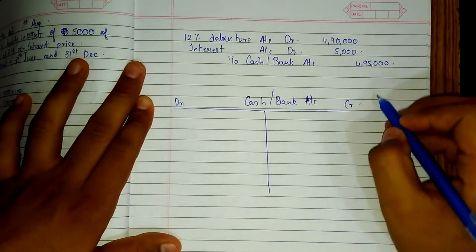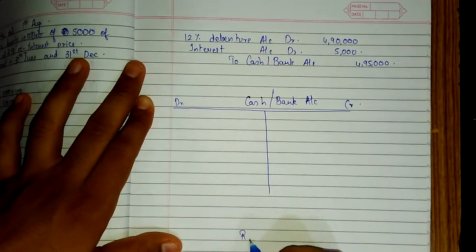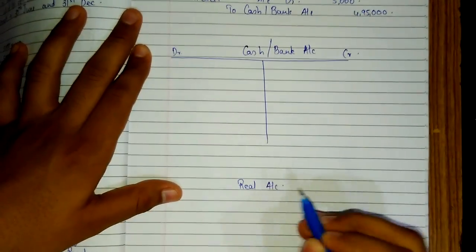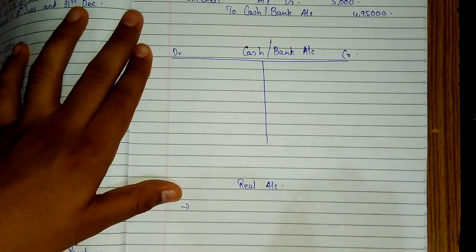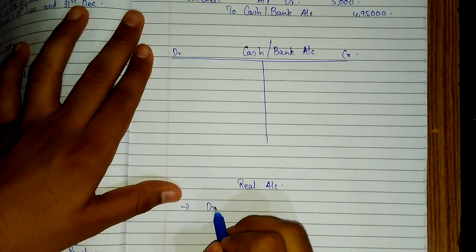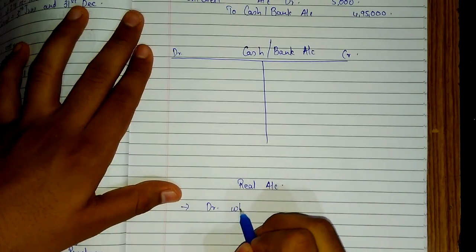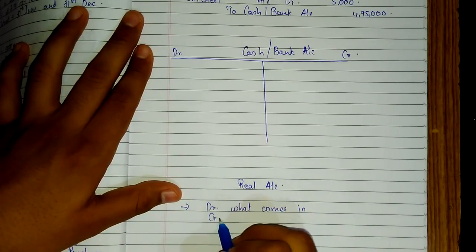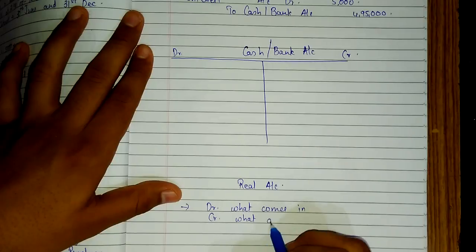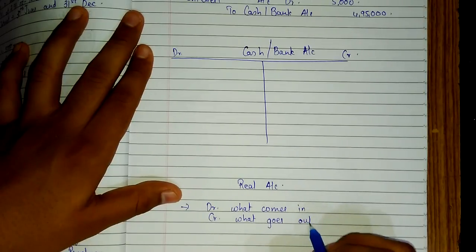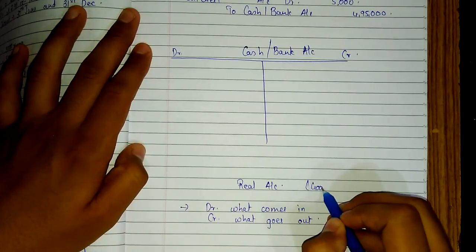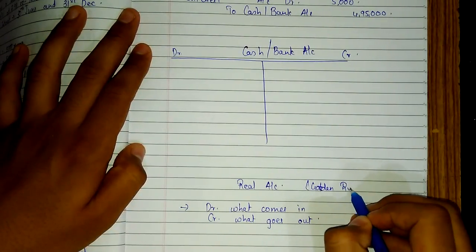Cash account is a real account. So what does the golden rule of real account say? Debit what comes in, credit what goes out. This is the basic golden rule for real accounts.